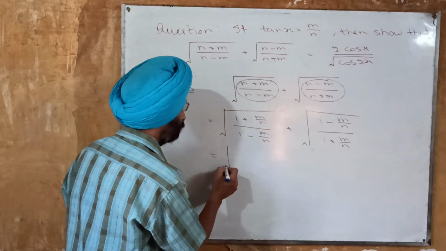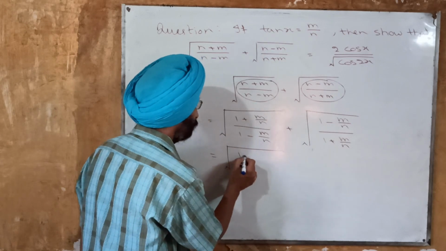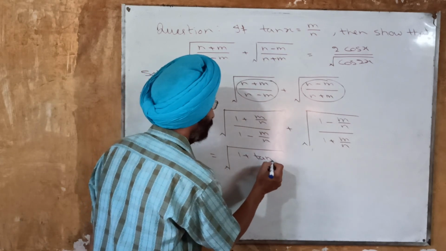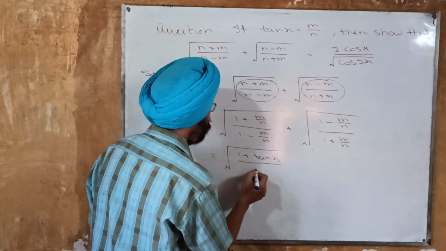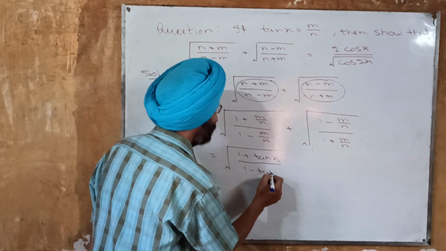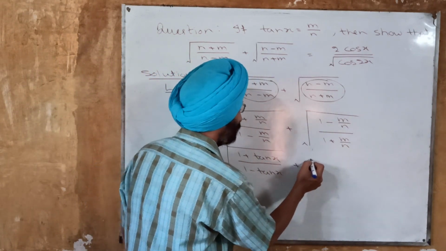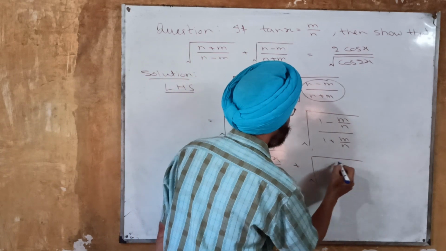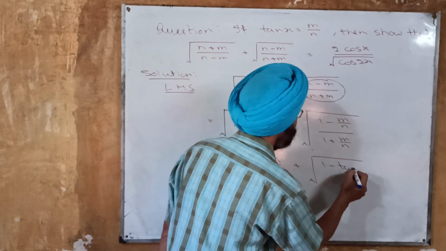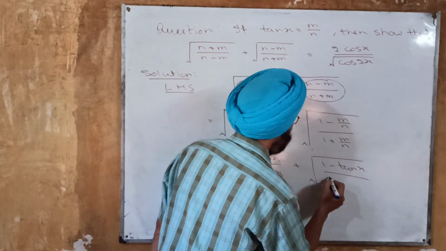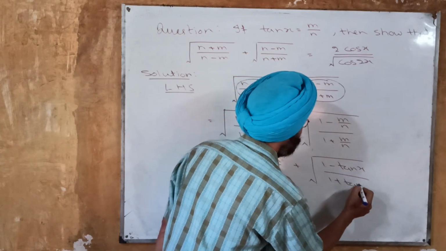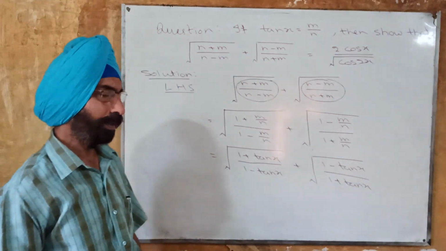It will become square root 1 plus tan x over 1 minus tan x plus 1 minus tan x upon 1 plus tan x.